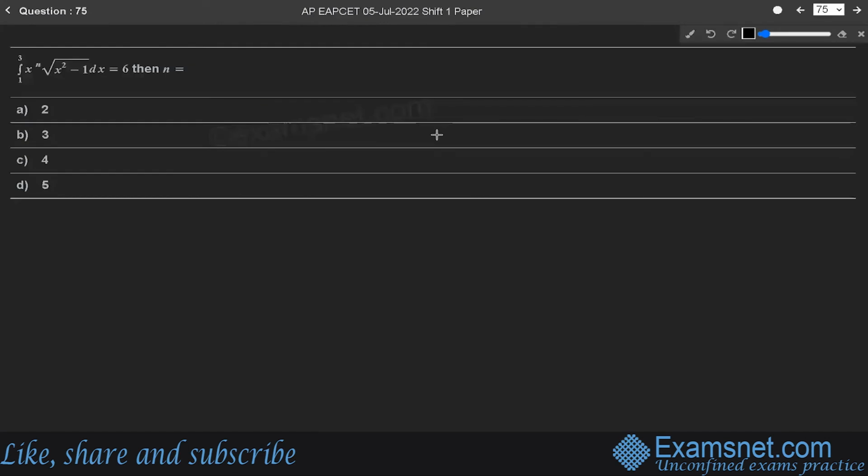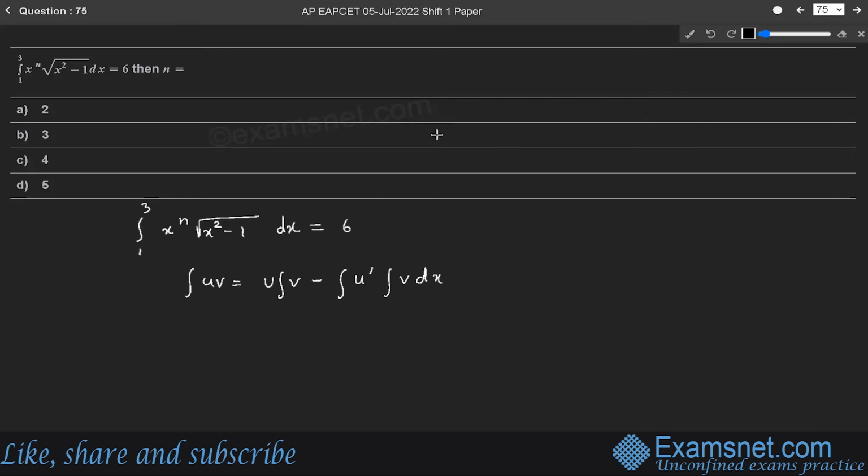Next question is integral of 1 to 3 x power n into under root of x square minus 1 dx is equal to 6, then n is equal to. We have to find the value for n here. We know that there is a formula which is integral of u into v is equal to u integral of v minus integral of u dash into integral of v dx.